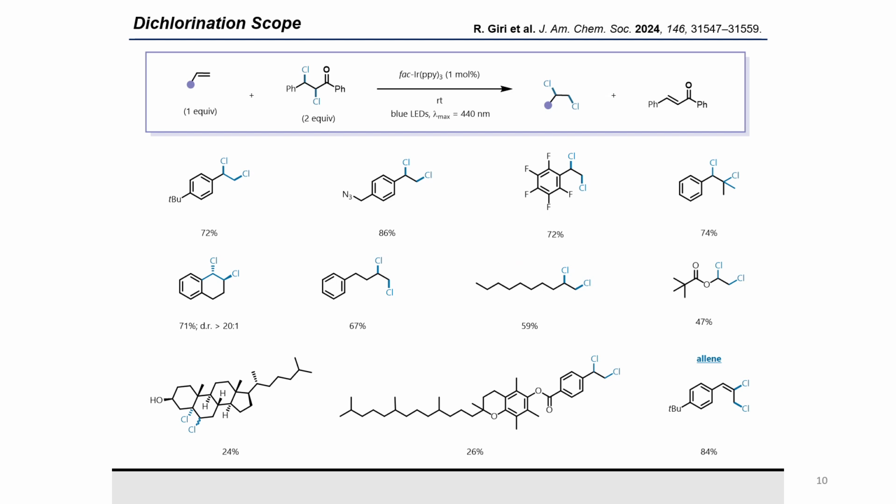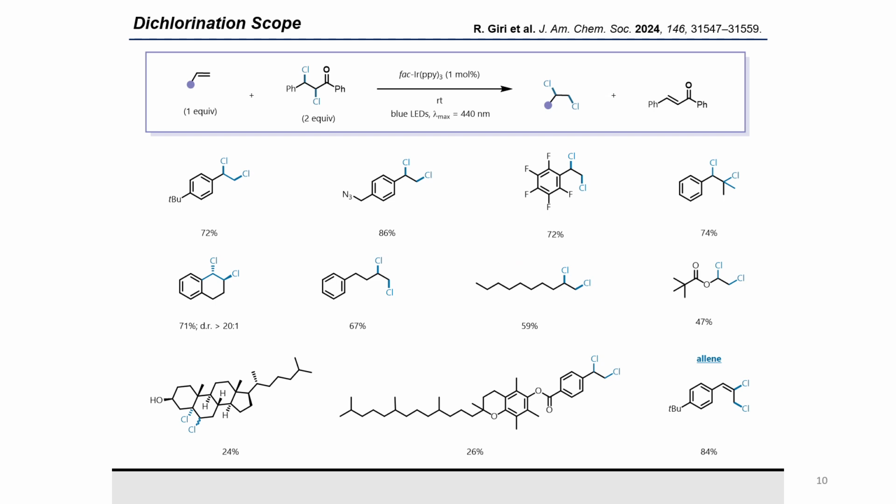Some sensitive functional groups were also tested, and I will not go into details of the scope, but as you can see, multiple fluorinated molecules installed over a styrene are well tolerated. Not only terminal styrenes, non-terminal styrenes were working, and cyclic styrenes and non-activated compounds were well tolerated.